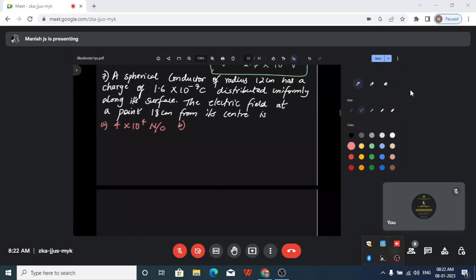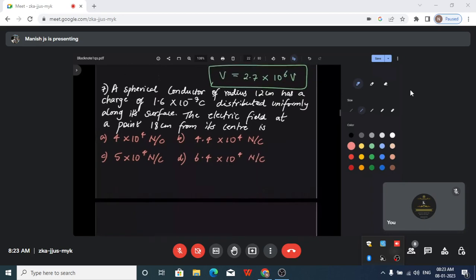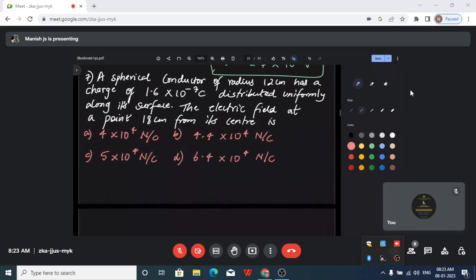Option B, 4.4 into 10 to the power 4 newtons per coulomb. Option C, 5 into 10 to the power 4 newtons per coulomb. Option D, 6.4 into 10 to the power 4 newtons per coulomb. These are the options.